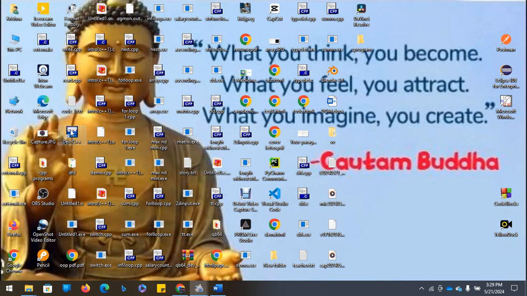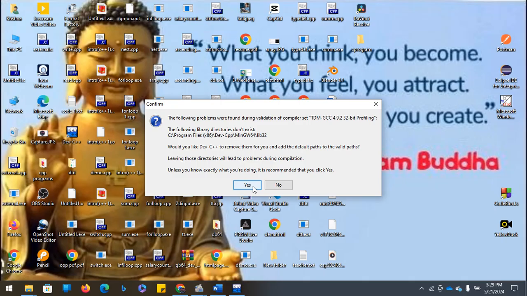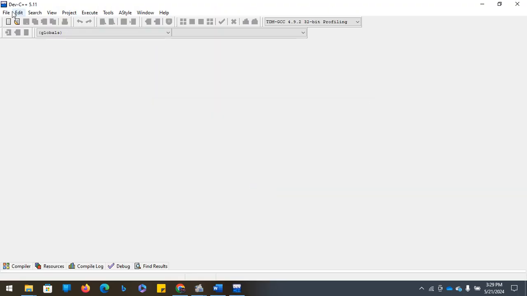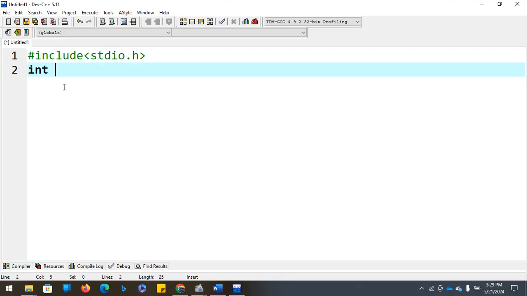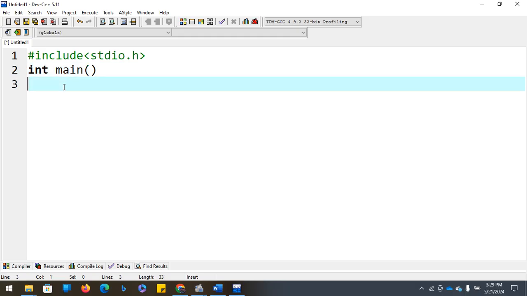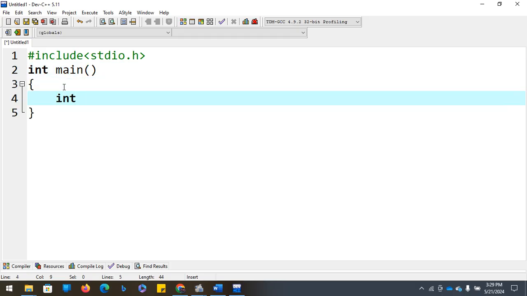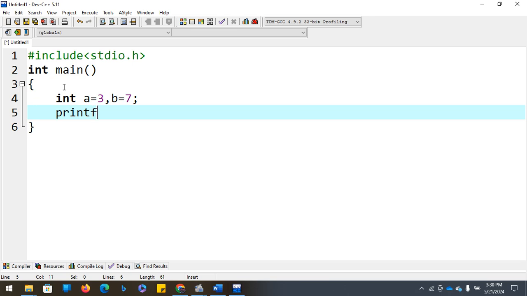Here is the compiler. Any compiler you may use there. It is not mandatory that you must use Dev C++ or Code::Blocks. So source file, you can write with me. Let's take two variables. a plus b.